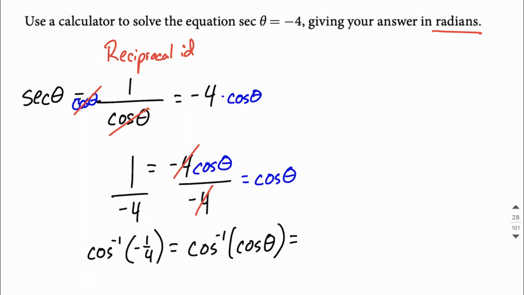The idea being that we'll get theta on the right-hand side by itself. Now, we do want to be a little bit careful. What got returned to me from my calculator was right around 1.823. And let's actually keep a few additional values, maybe round at the very end: 1.82348.